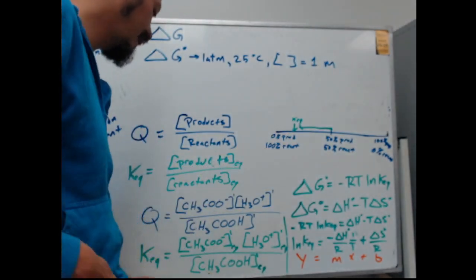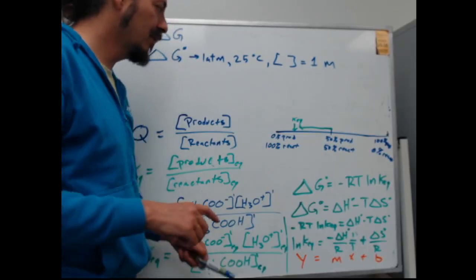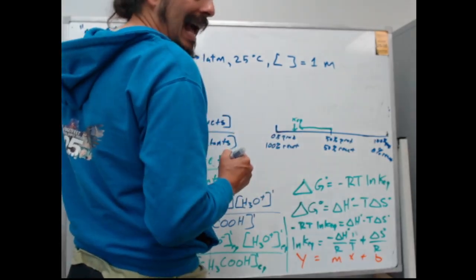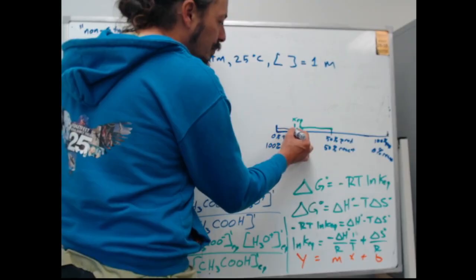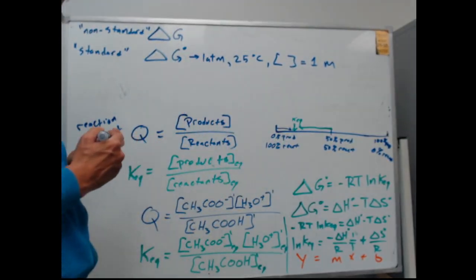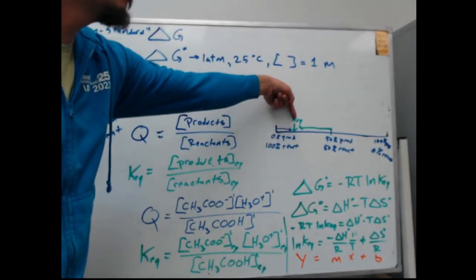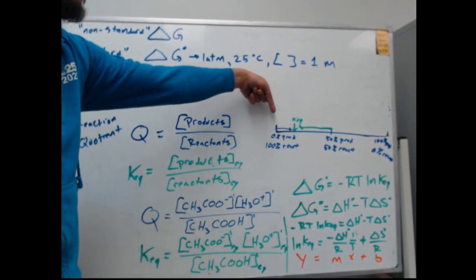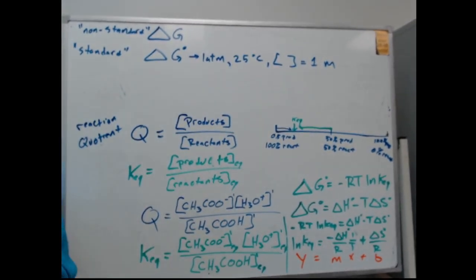I'm going to be reactant-favored. However, if I had a situation where I started with 100% reactants, I would still have to go towards products a little bit, even though I'm still going to end up with more reactants than products. I'm still reactant-favored. If I start with 0, I still have to go towards products to get there.